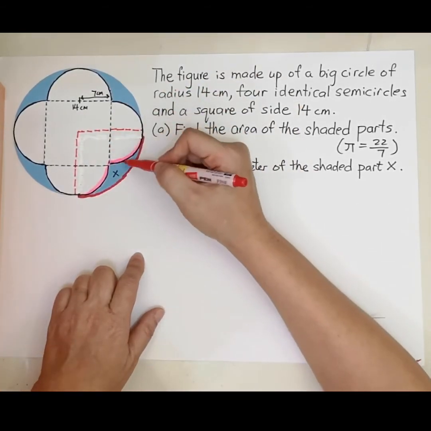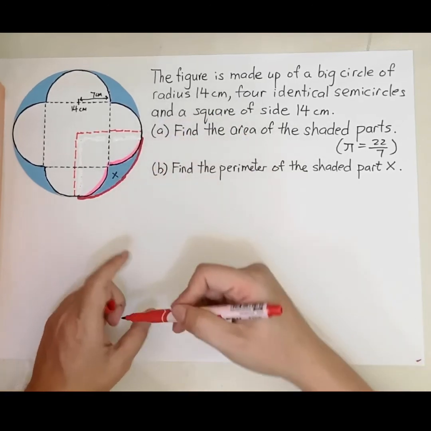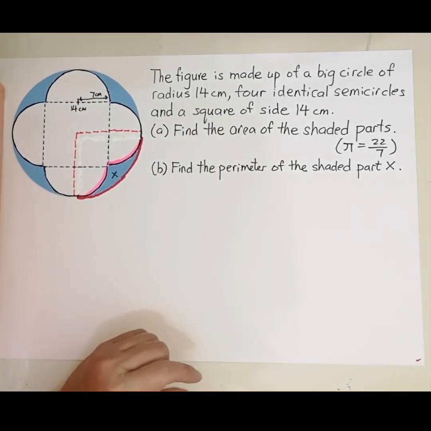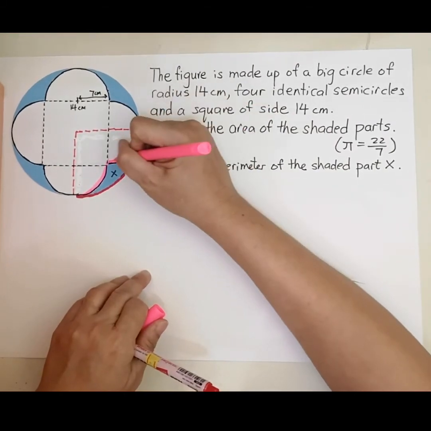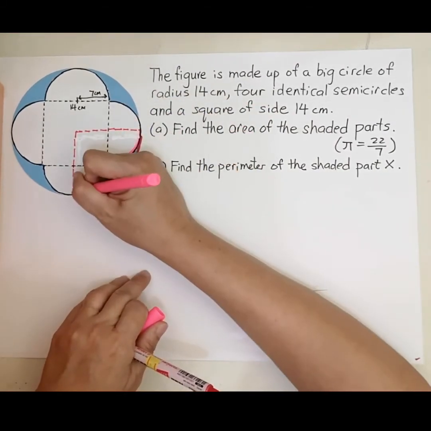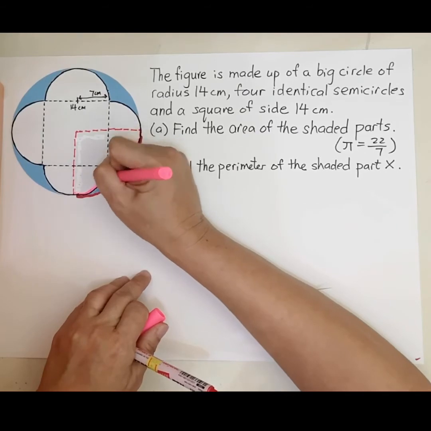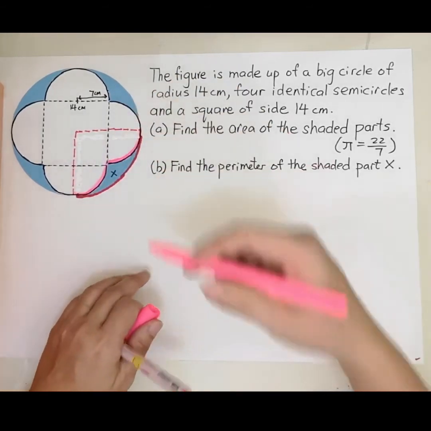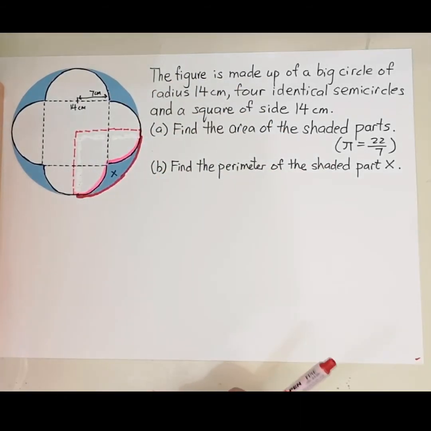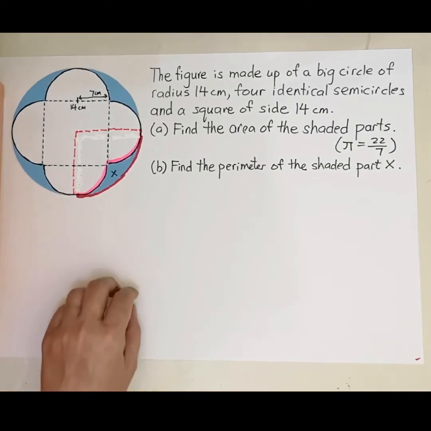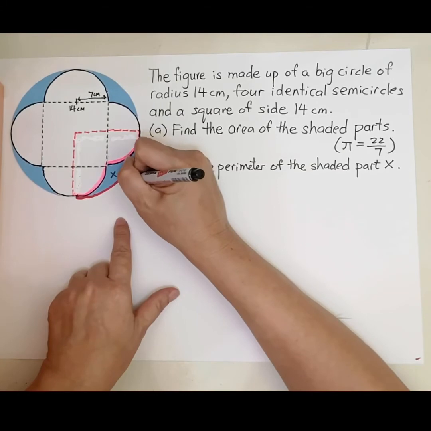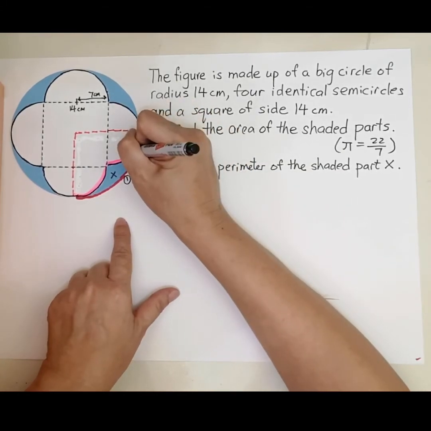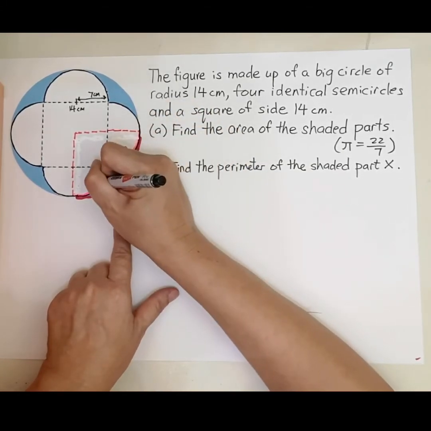And the pink arc is actually 1/4 of the circumference of the small circle. So let us find the red arc first. Okay, let's call this arc number 1, arc number 2, and arc number 3.